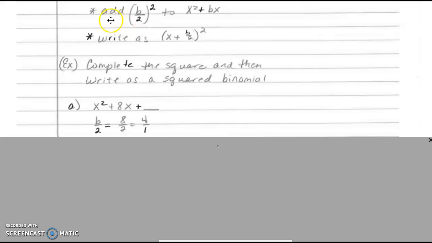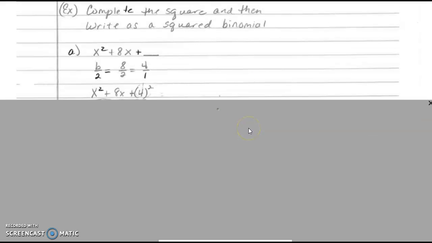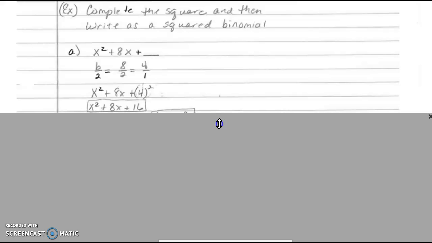And then the next step is to add b over 2 squared to our existing polynomial. So b over 2 was 4, so we're going to add 4 squared to that, which ends up being 16, correct? So just writing it, the first thing that I have boxed in is we've completed the square.